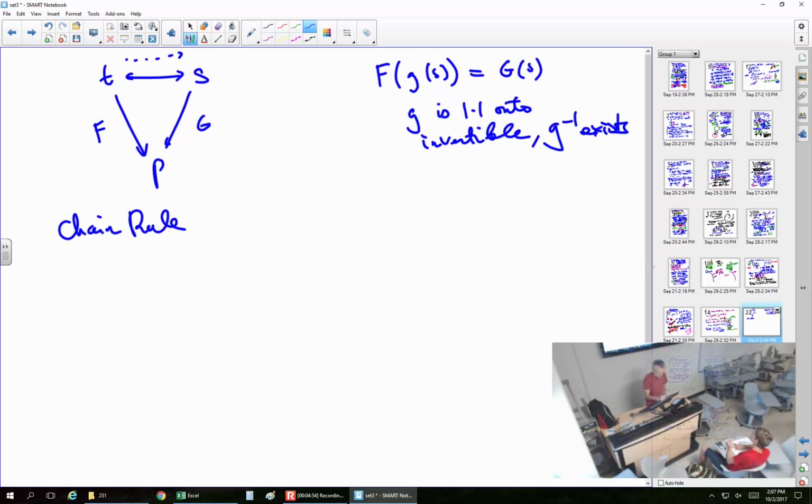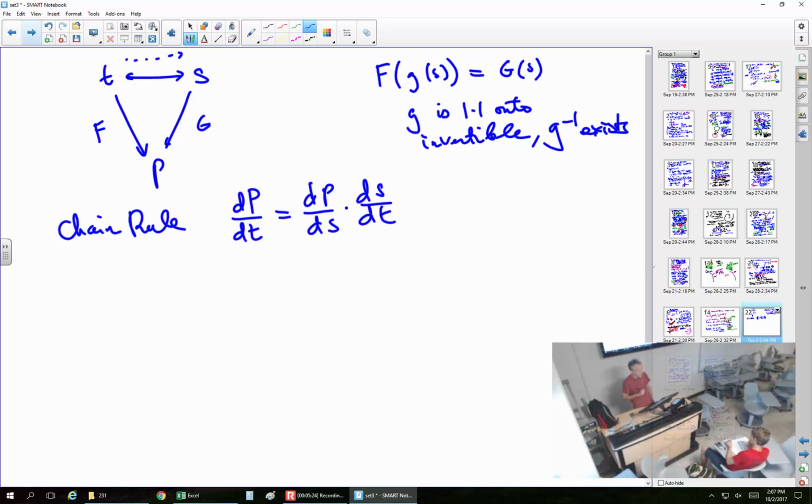I'm not looking at what I have on the right, but rather I will look at dp/dt. Okay, dp/dt is the product of the derivatives of the other two functions. So it will be simply dp/ds times ds/dt. Each arrow will produce one of the derivatives.